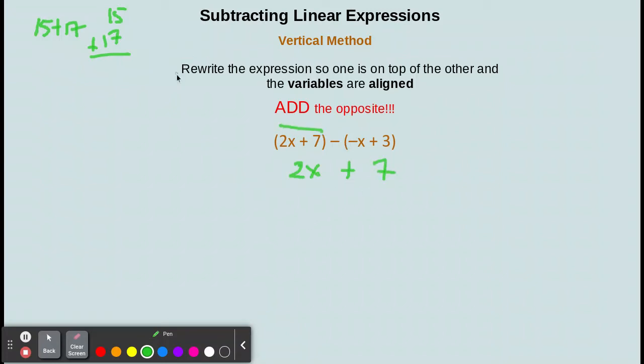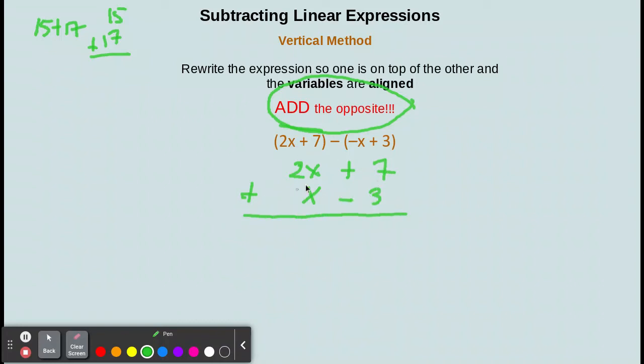And now we need to add the opposite. So here we have subtraction. We want to add the opposite. Now the opposite of negative x is x. And the opposite of positive 3 is negative 3. So now this becomes an addition problem.